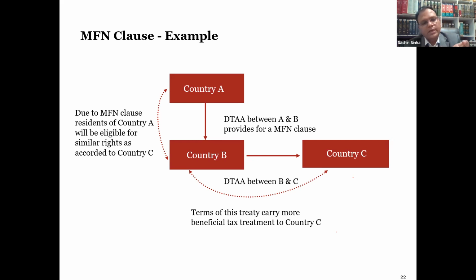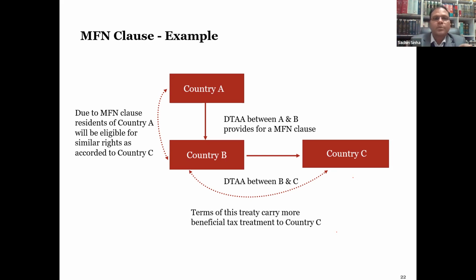It means that if India enters into any agreement with another country and gives some benefit to that country, which is more beneficial than what India and Mauritius, which India entered earlier, had, then it can be said that the India-Mauritius treaty shall be read up to that particular context.